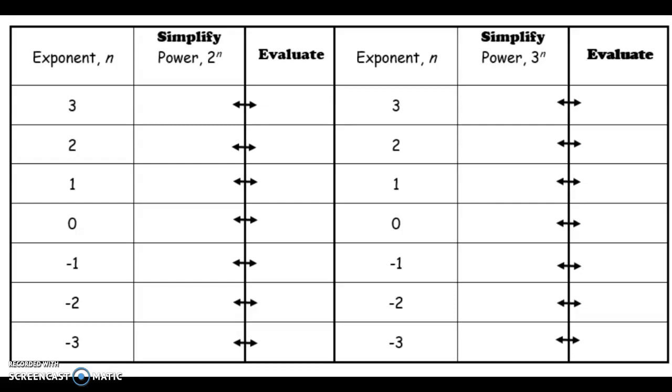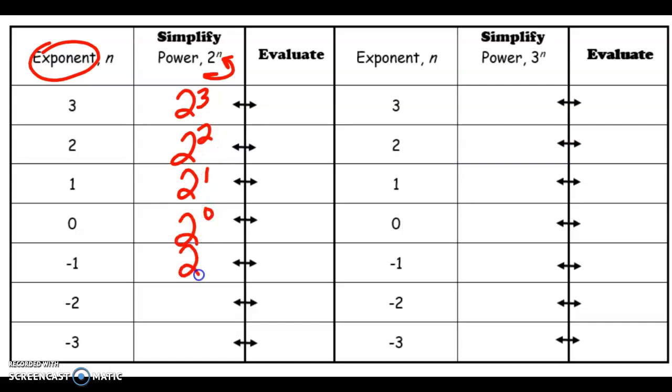So this one is going to start with 3 as my exponent, and it's going to have 2 to what power? So I'm going to have 2 to the third power, 2 to the second power, 2 to the first power, 2 to the 0 power, 2 to the negative 1, 2 to the negative 2, and 2 to the negative 3.